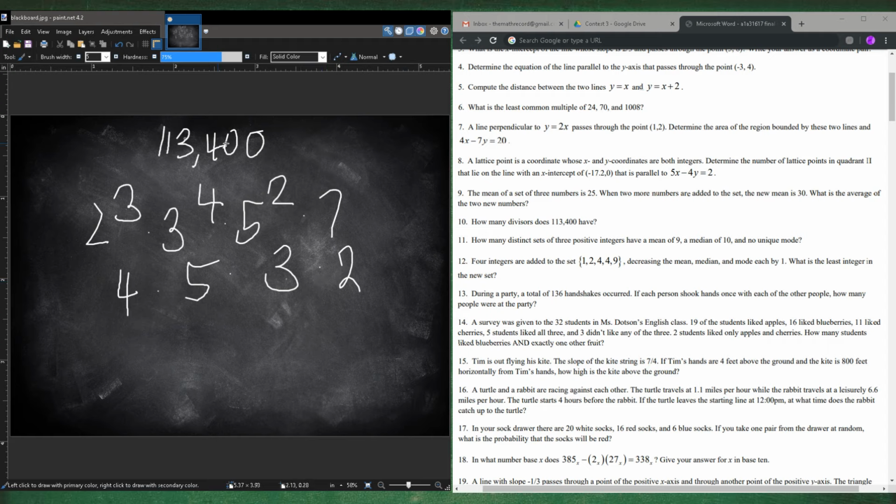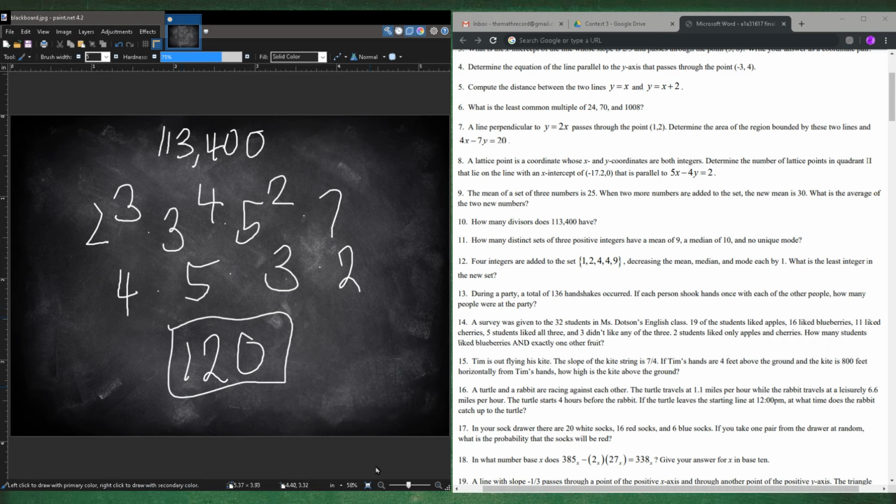This works for every single number. If you factor a number, add 1 to every exponent and multiply those numbers, they give you the amount. So it's 4 times 5 times 3 times 2, which gets you 120. So you have 120.